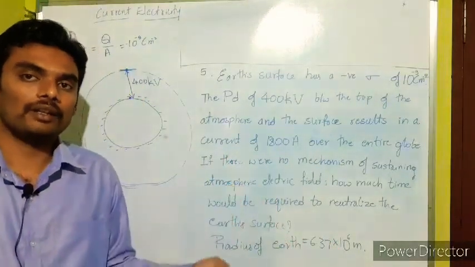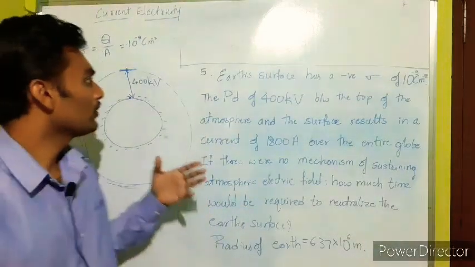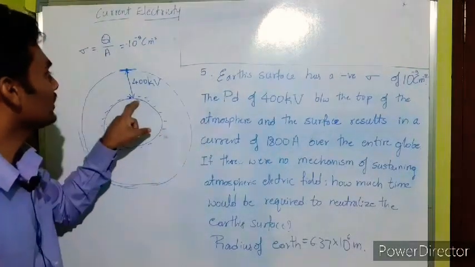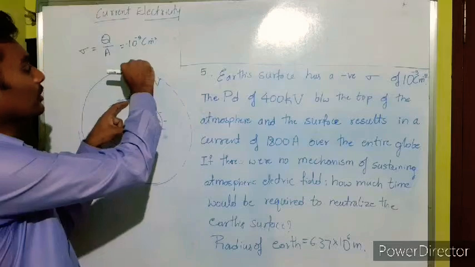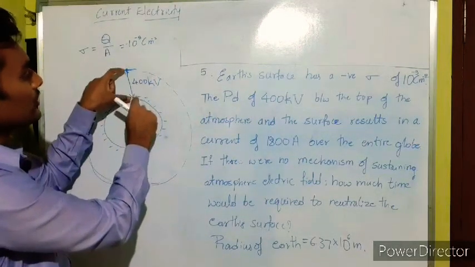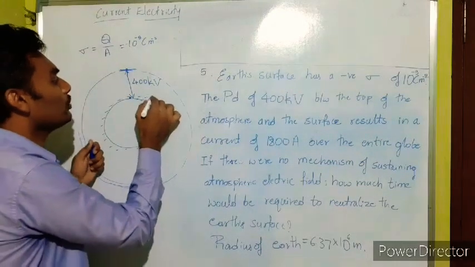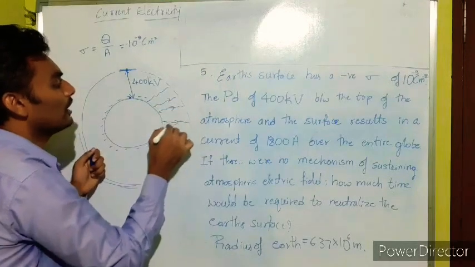And negative charges move from lower potential to higher potential. So here what we expect is that, due to the potential difference between the top of the atmosphere and the surface, this negative charge on the surface of the Earth should gradually move towards the top of the atmosphere.